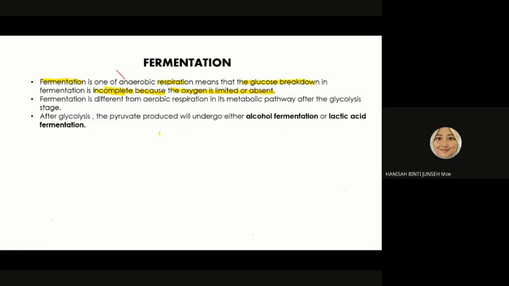Then what happens to this pyruvate? This pyruvate will undergo alcohol fermentation or lactic acid fermentation. Yes, the term for the glucose breakdown is glycolysis.